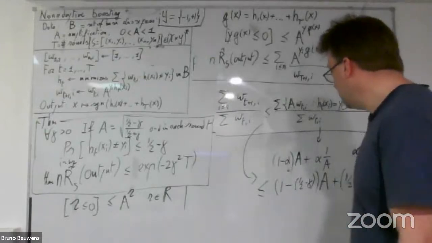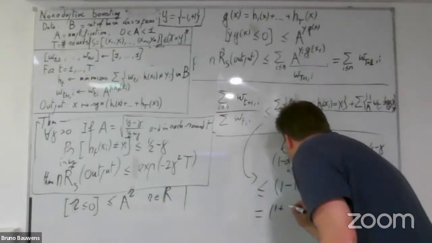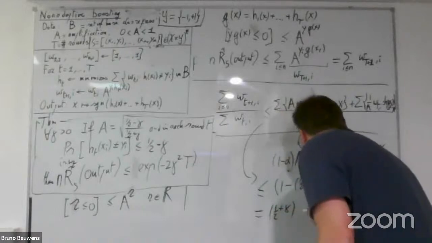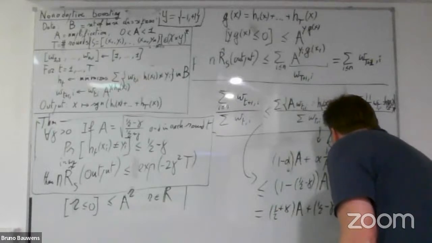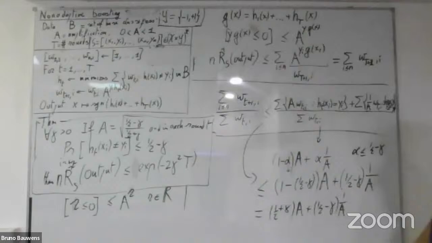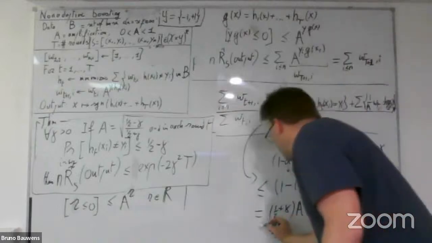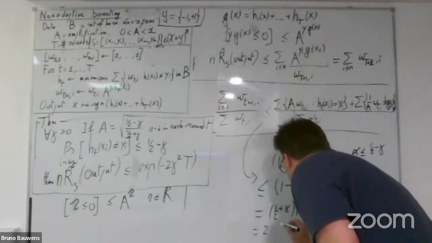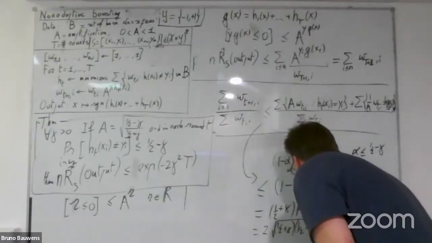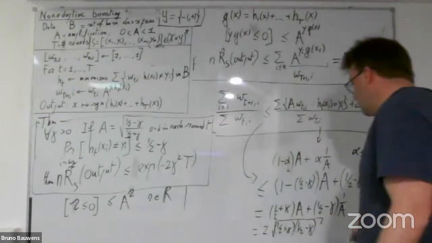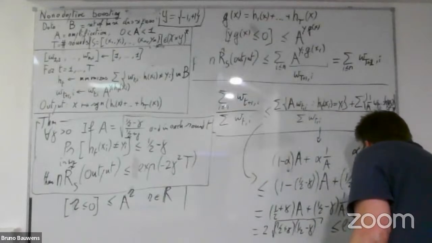Okay, and now it becomes clear. So what do we get now? This is equal to 1/2 plus gamma times A plus, the rest remains the same, 1/2 minus gamma times 1/A. And now look at A. How we choose A in the theorem, we get 2 times the same thing. So it's equal to 2 times the square root of 1/2 plus gamma times 1/2 minus gamma. The only thing we have to do is prove that this is smaller than exponent minus 2 gamma squared.